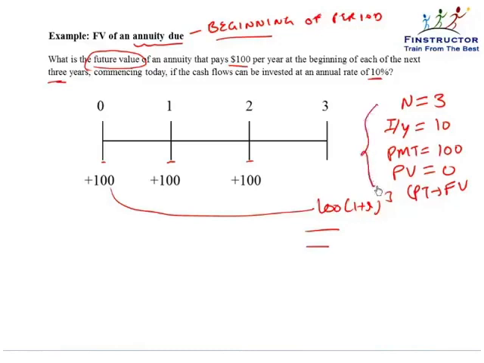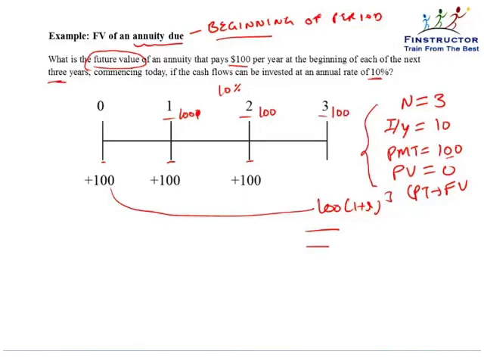If I just give these standard inputs, the calculator will assume that, okay, there are 3 periods, it's fine. The interest rate is 10%, which is also okay. The payments are of $100 each, which is also fine, but please note that unless otherwise specified, the calculator will assume that these 3 payments are coming at the end of the 3 years. So calculator, as of now, will assume that there is a $100 payment coming at t equal to 1, another $100 coming at t equal to 2, and $100 coming at t equal to 3.